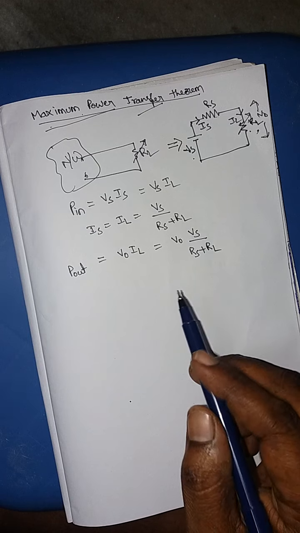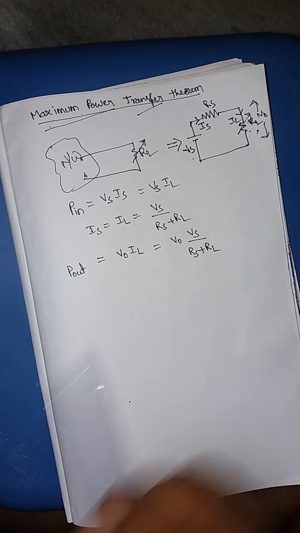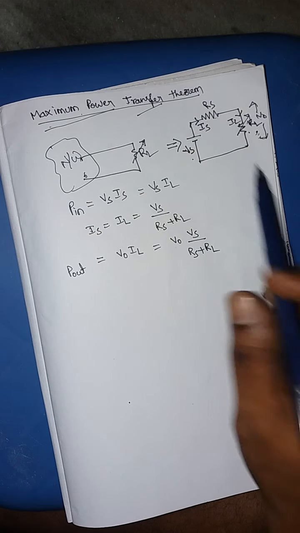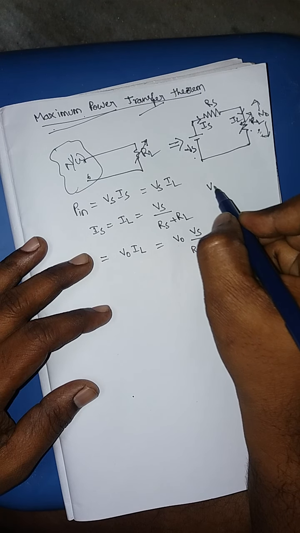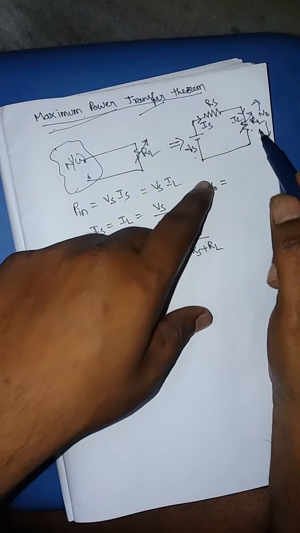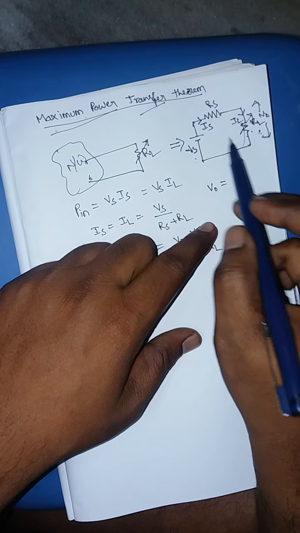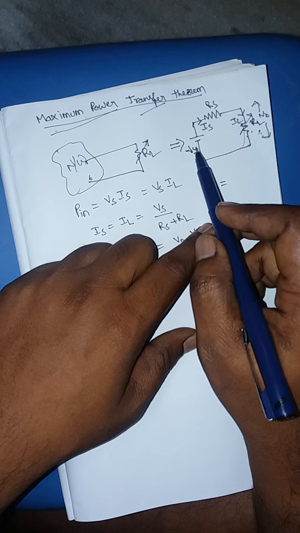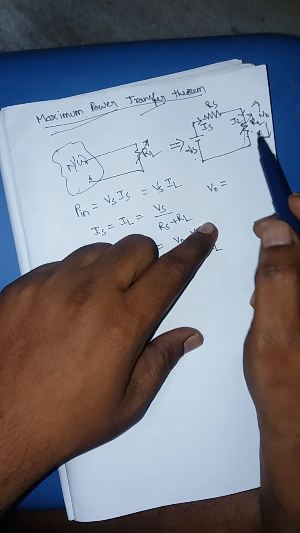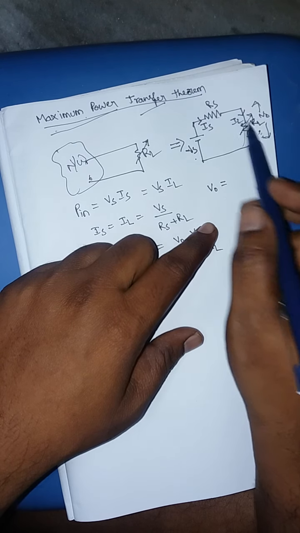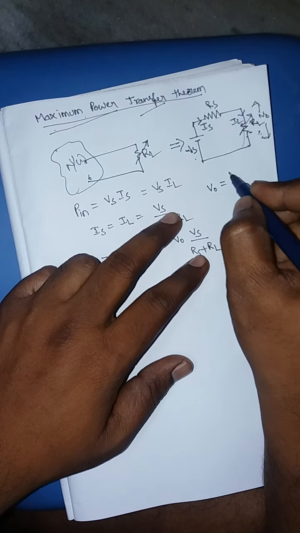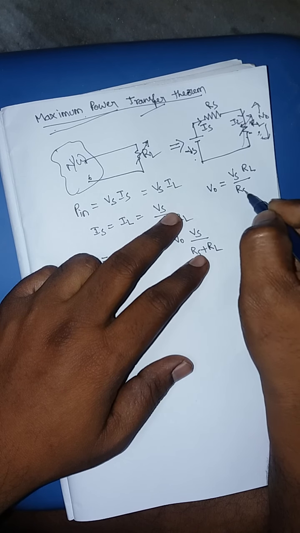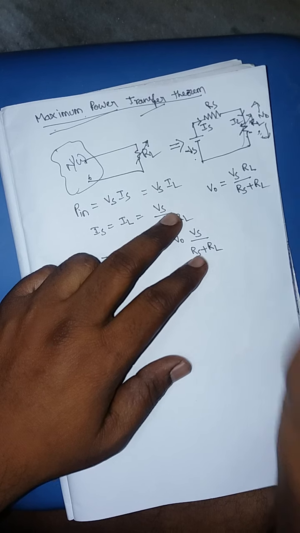Now we don't know the value of V0. If you apply the voltage divider rule, the voltage across any branch when two resistors are connected in series is equal to the total voltage into the same resistance divided by the sum of the resistances, that is Vs into RL by Rs plus RL.